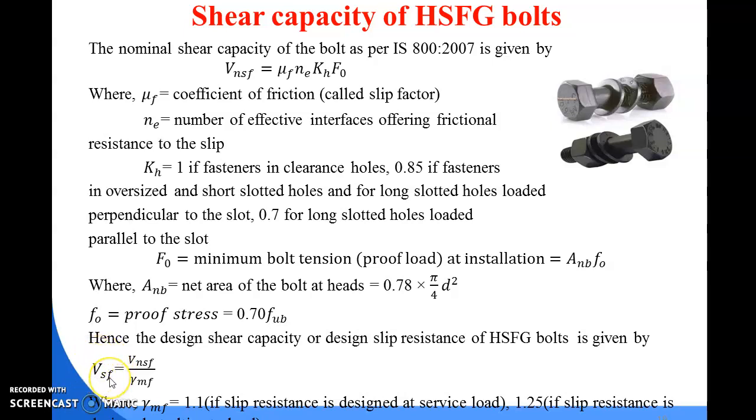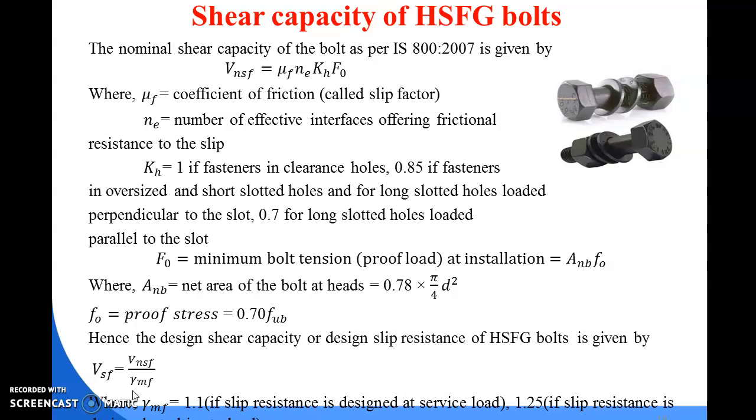VSF is the symbolic representation of the design shear capacity of the HSFG bolt, which equals VNSF, the nominal shear capacity of the bolt, divided by gamma mf. Here gamma mf is the partial safety factor for the slip resistance, or normally the partial safety factor for the HSFG bolts.